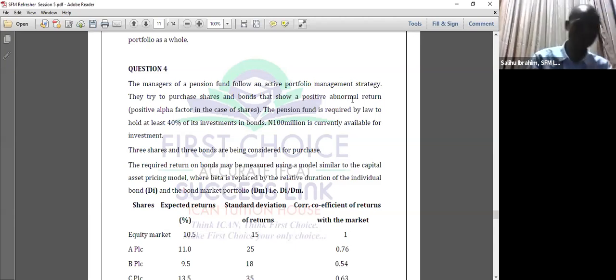If you are dealing with shares, you are using the beta of the share. With a bond, you might not get a beta. For you to measure beta, you measure it with reference to the bond duration.